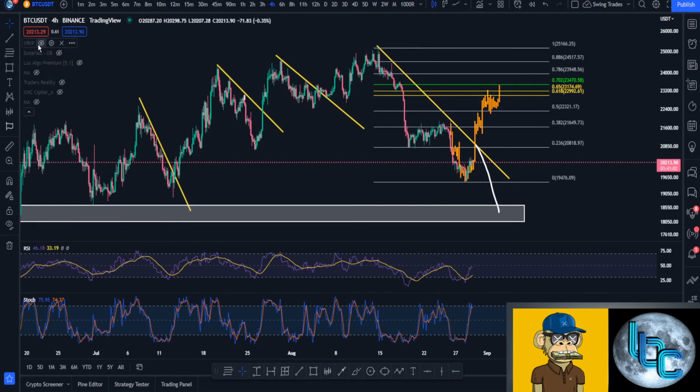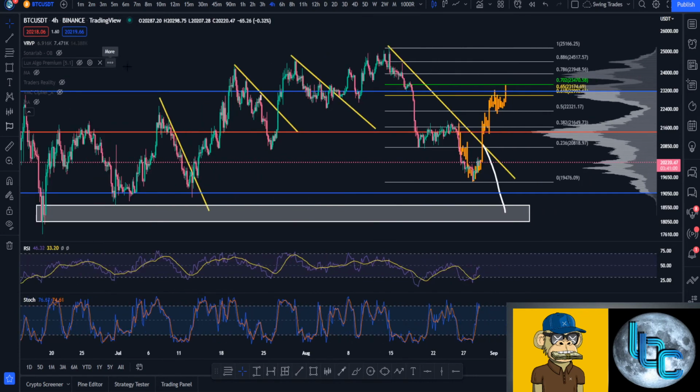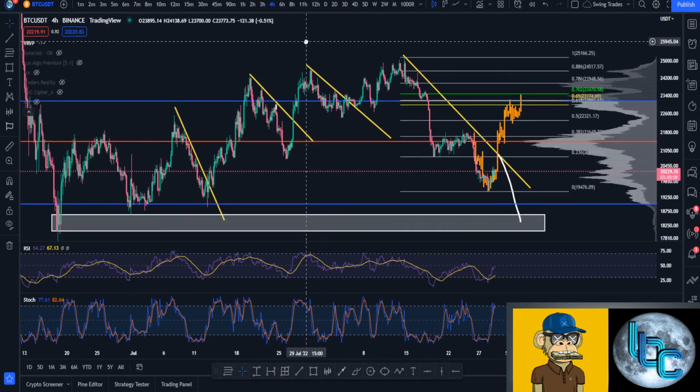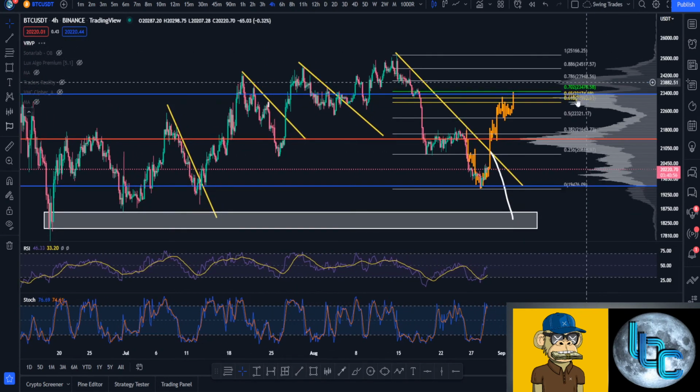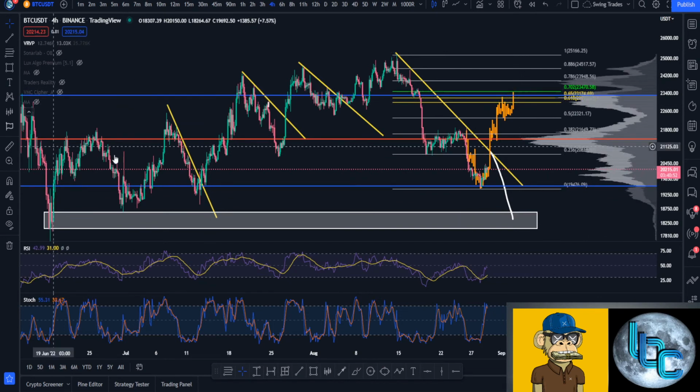And let's go ahead and throw on the VRVP before we get out of here for this video. Right here, you have a high volume node. This is your value area high. So I mean, that just makes sense. Probably maybe just to the golden pocket, maybe. So I guess we will just have to wait and see.